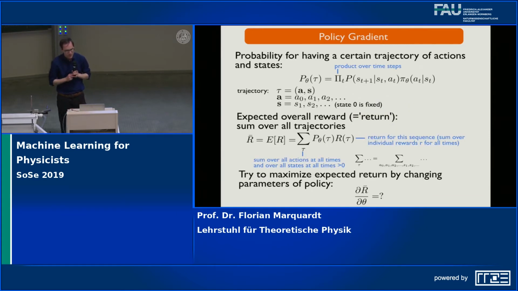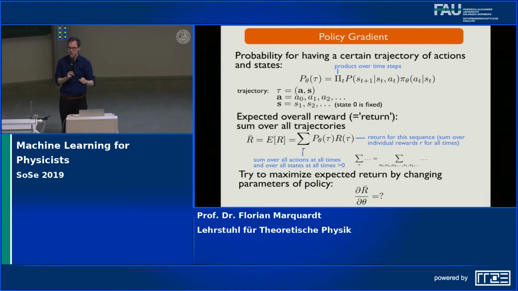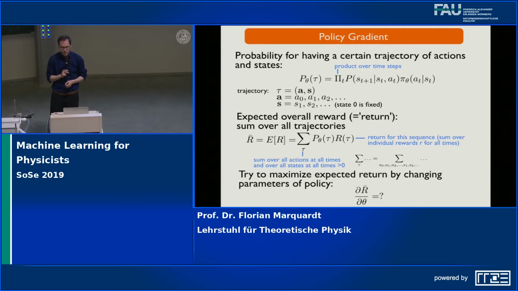So now we have these various probabilities. We have the probabilities that are involved in the policy, that is our strategy, to take different actions. And we have these probabilities for the environment to make these transitions between different states. And so now we think of the whole thing like a movie or a trajectory. So at every time step, the policy decides what action is to be taken, and then whatever has to happen because of this action happens, plus there may be other changes in the environment, and we go to a new state, and then the same thing happens again step by step.